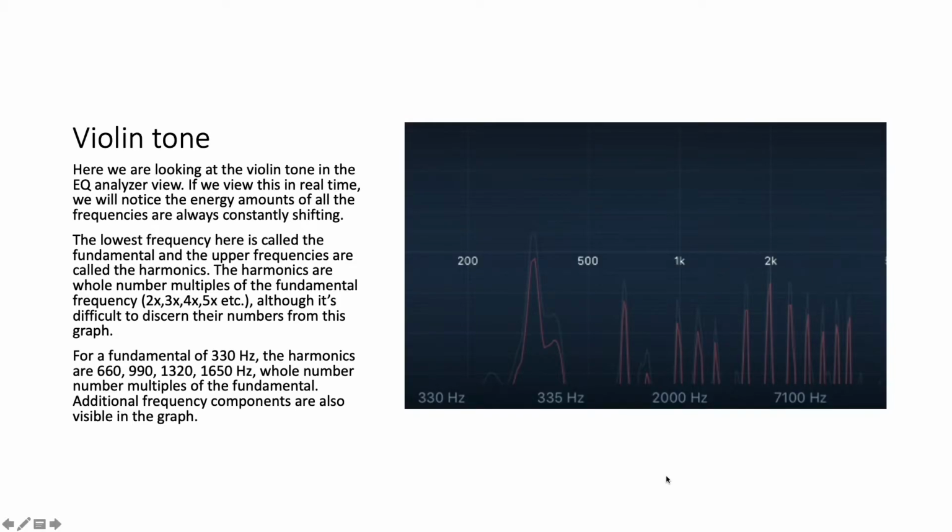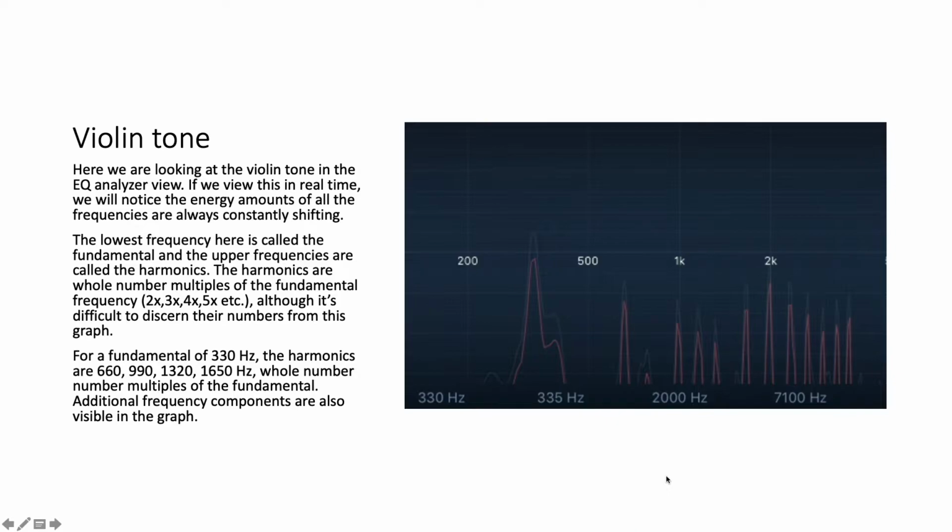The violin sound that we listen to looks like this in the EQ analyzer view. If we view it in real time, we'll see the energy amounts that are shifting above the fundamental frequency. The fundamental frequency here is again 330 hertz, and the upper frequencies that we see here are called the harmonics.